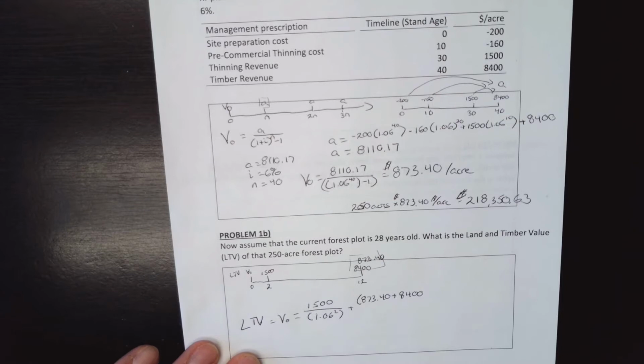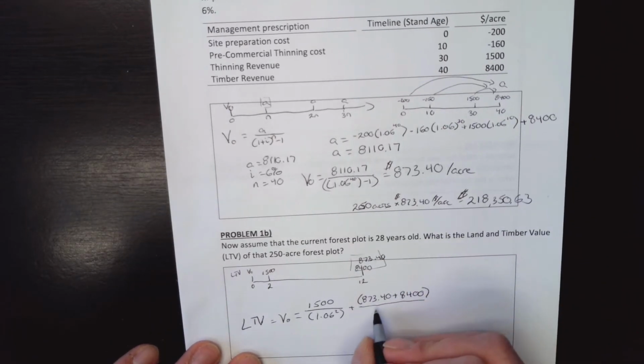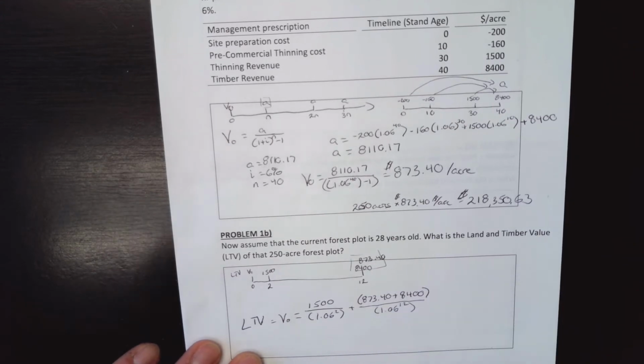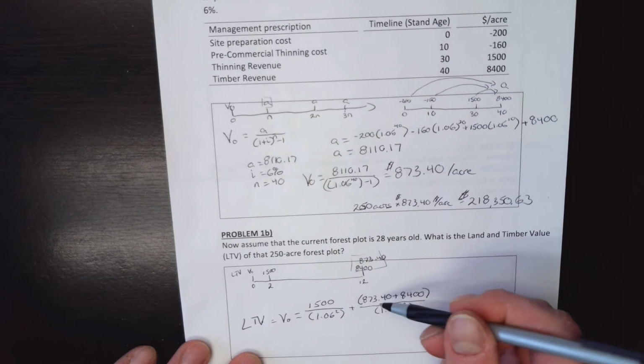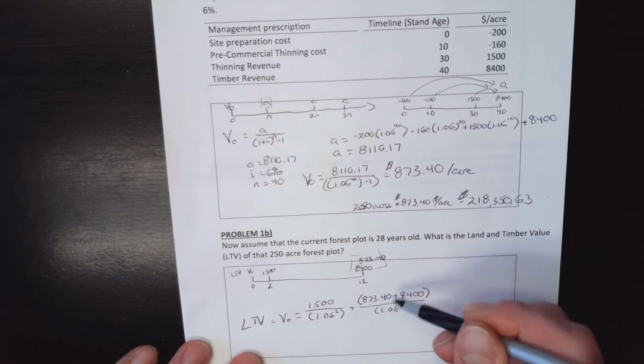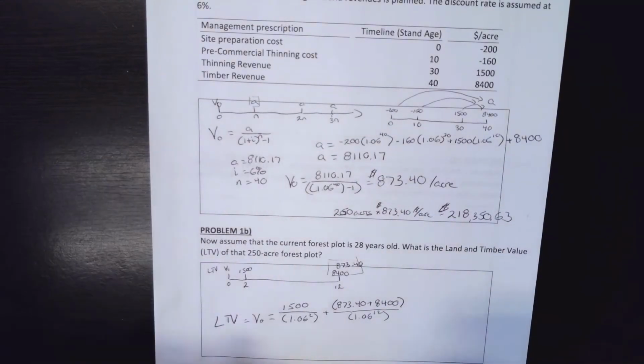I can add them together because they're in the same year. They both occur in that same year, and I discount that 1.06 to the 12. Right? That's it, and that covers all future activities on this land because I buried them all in this bare land value. This is perpetual, so this land and timber value is perpetual, right?